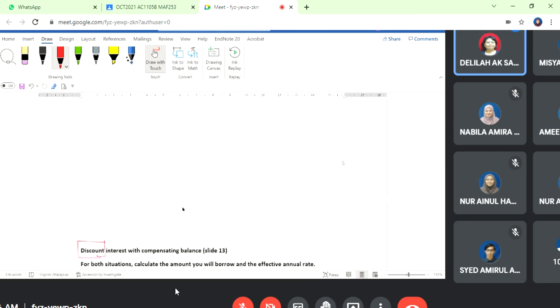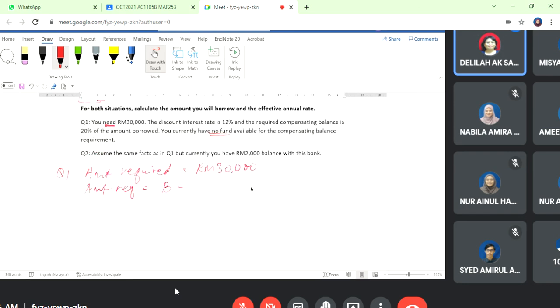Yes, I did. So borrowing is going to be B, okay, minus interest minus the compensating balance. So interest is 12%. Okay, again, we assume that this borrowing in this example is for 1 year. So 12% is 0.12 of B.